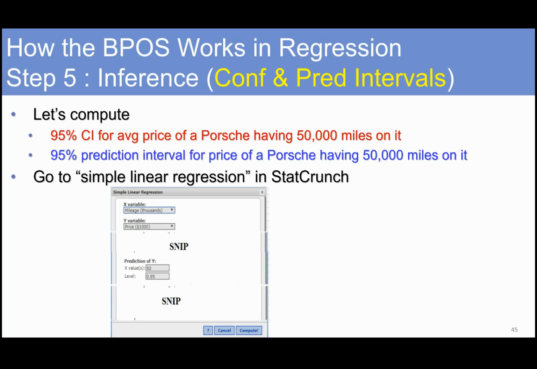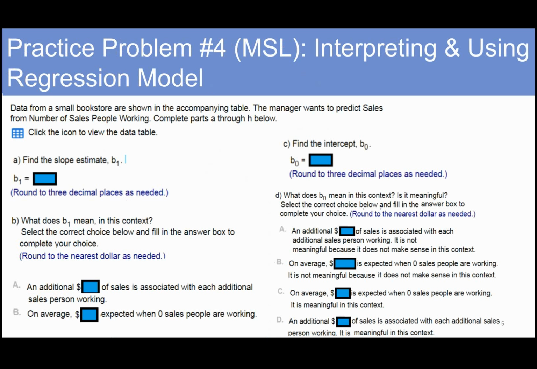So go into StatCrunch, and all you have to do where it says prediction of y is type in 50. That's the value of x that you want to do the prediction for. Should I type in 50 or 50,000? 50, because x is given in units of thousands. Then we put the confidence level right here, and when you do, you should get some output.